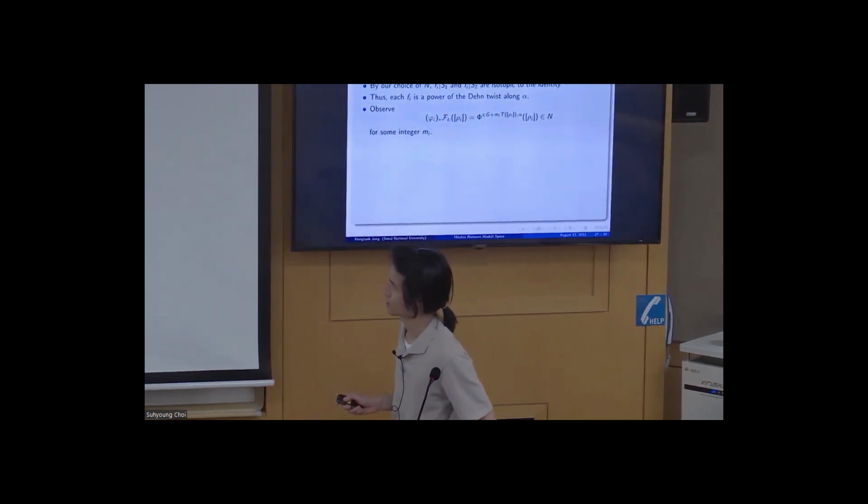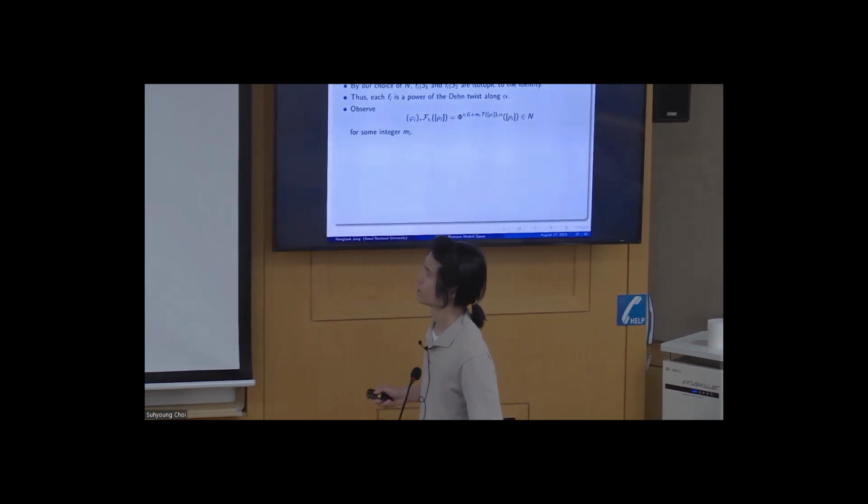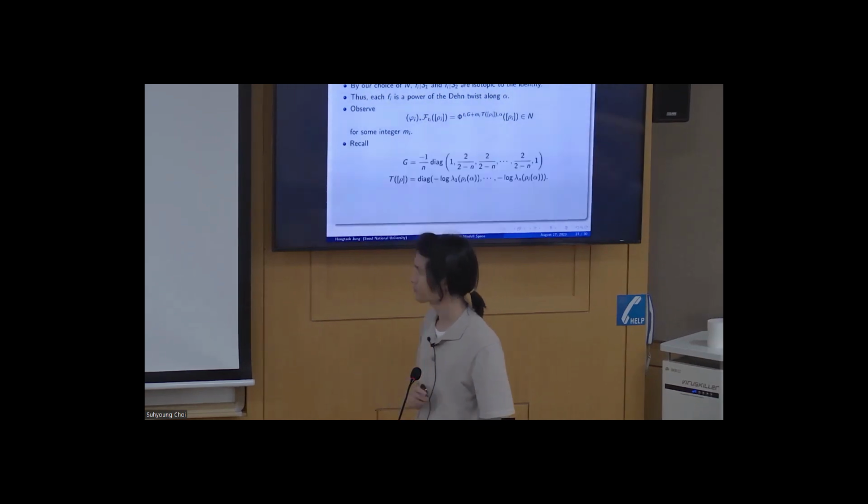So this is the twist, and this is also a continuation of algebraic bending. So we just unzip this notation, and we can write it in terms of algebraic bending in this way, for some power of mi. And then remember that G was given in this vector, and T of rho is given in this form.